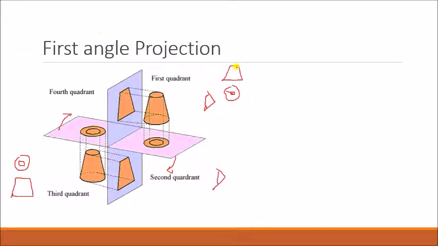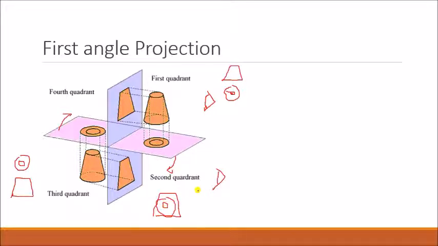So for your exam or for your syllabus, you have only first angle projection, that is first quadrant. Clear guys? So here also you have two quadrants, that is second and fourth. The second and fourth are not used. Why? Because for example, same view if you want to show, when you close this, your front view and top view collapse into one another. That is, your front view will be here like this and top view will be on it.